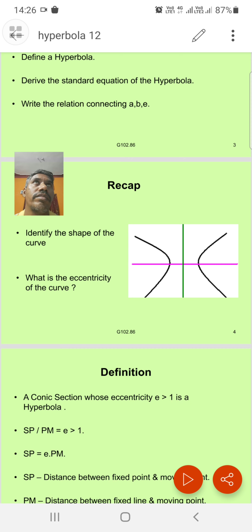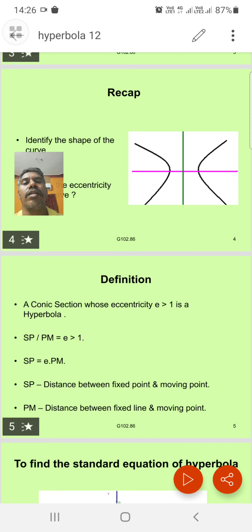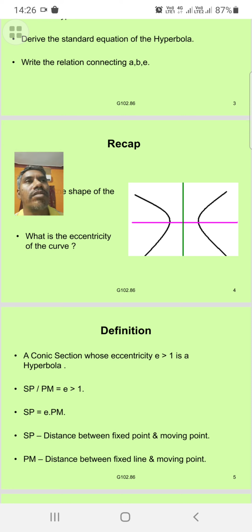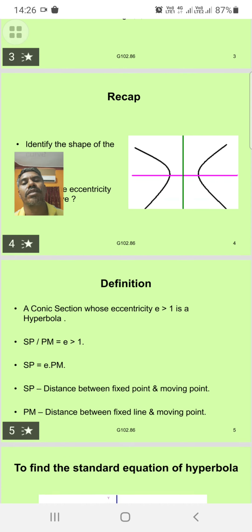If you understand the question, you know which form it is near, which we have for each diagram or each conic section. For parabola, we learned 8 forms or 8 equations.